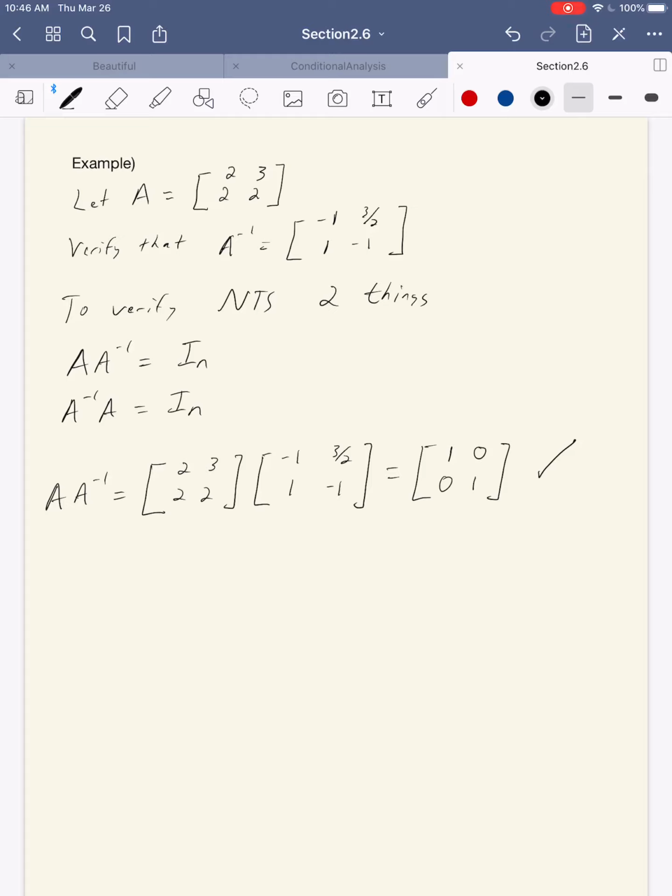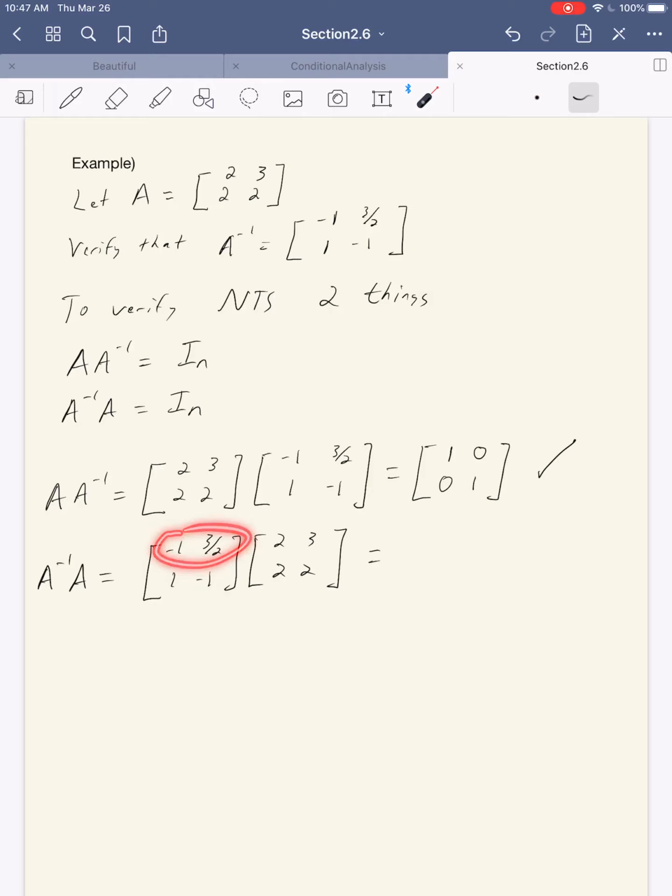Now, to finish confirming, we have to show the opposite way. We can't just assume that the opposite way will work because we know matrix multiplication is non-commutative, so we need to confirm it directly. So let's go ahead and do that. [-1, 3/2; 1, -1] times [2, 3; 2, 2], so just the reverse. We take this row times this column. If we do that, it looks like we should get -2 and 3, which is going to be 1.